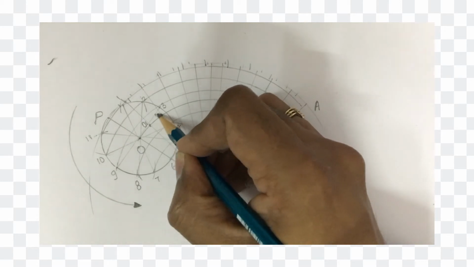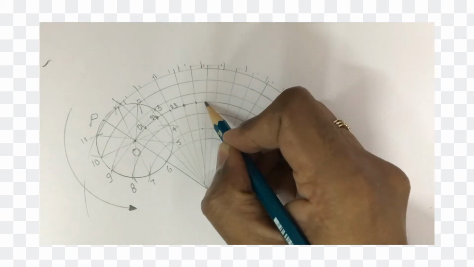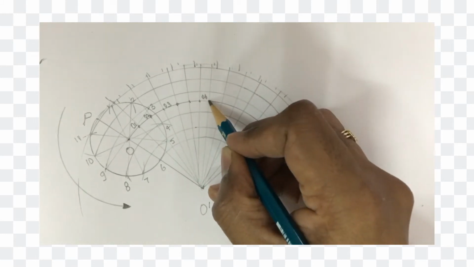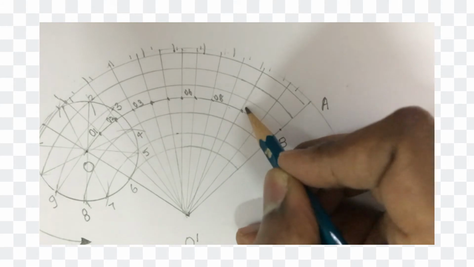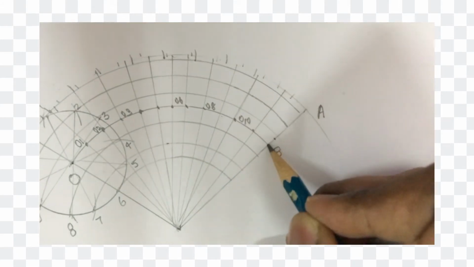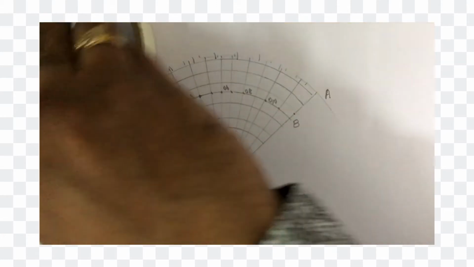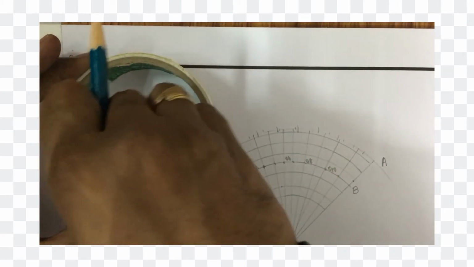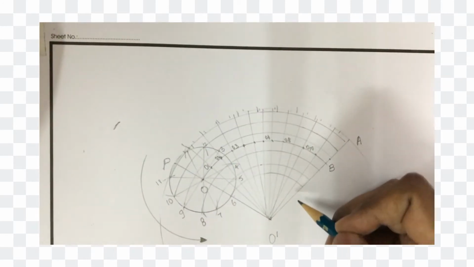This is O2 and O3, O4, O5, O6, O7, O8, O9, O10, and this is 11 and this is 12. These are the centers where this circle is going to move within the circumference of another circle where this point is going to end. We are going to trace the curve, dear students.